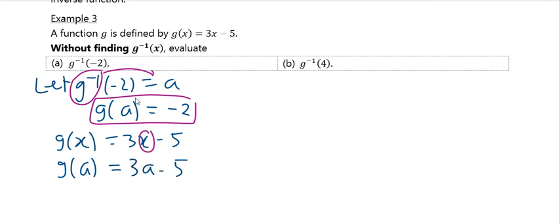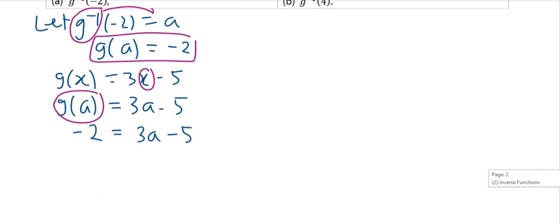You can see that this one will be used. So here g(a) is negative 2, and this one will be replaced by negative 2. So negative 2 equals 3a minus 5. Now you have to solve for a, because a is this one. Okay, now it makes sense.